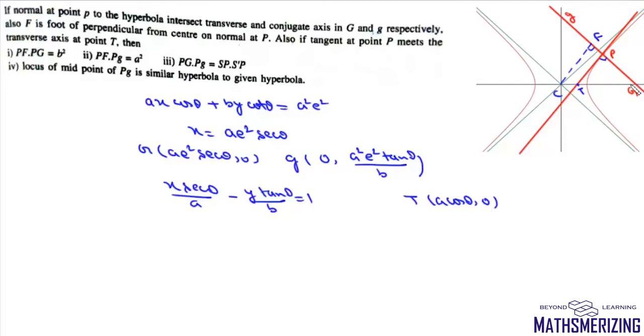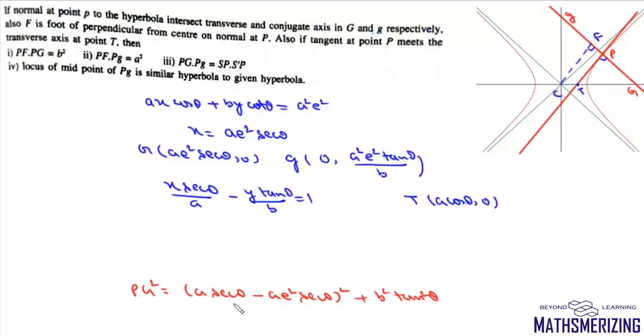Now we can also find PG. What's PG? PG is the distance between this point P and this point G. So PG square will be (A secant theta minus A E square secant theta) whole square plus B square tan square theta.